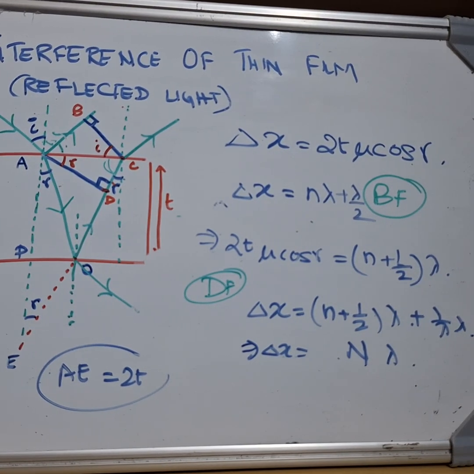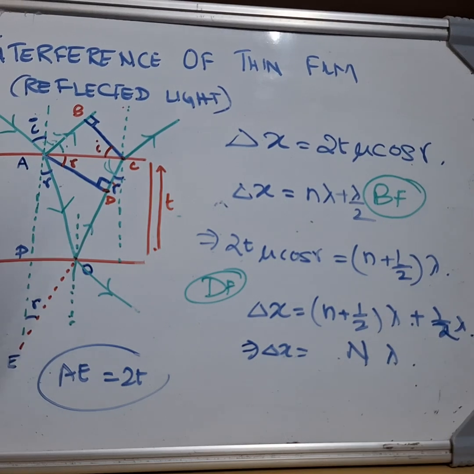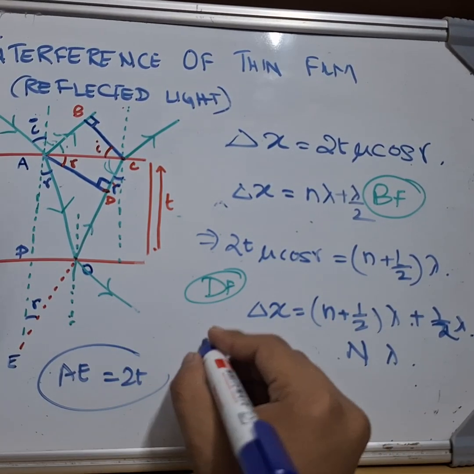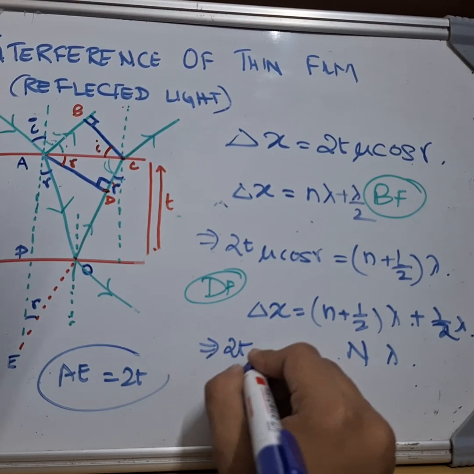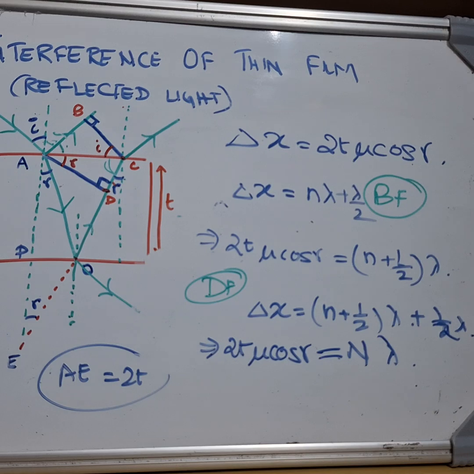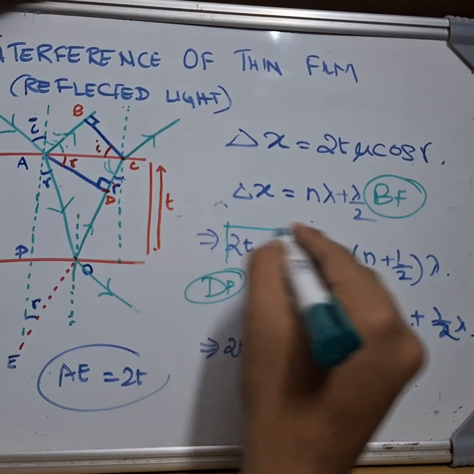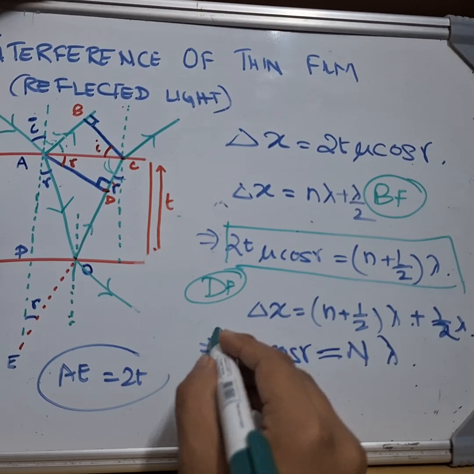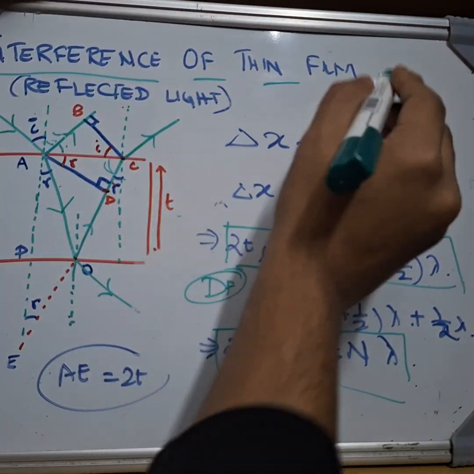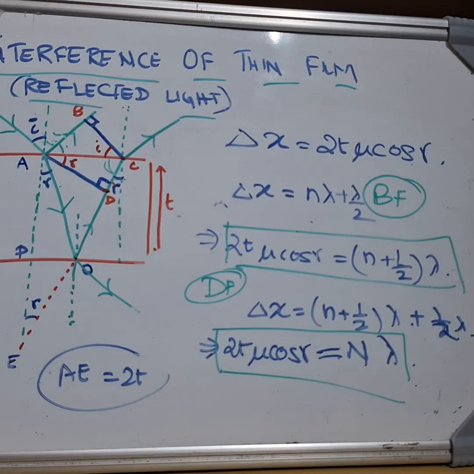If we have this n lambda, we'll put 2t mu cos r equals this. Here, my friends, you will have the two equations needed from interference of thin film reflected light.